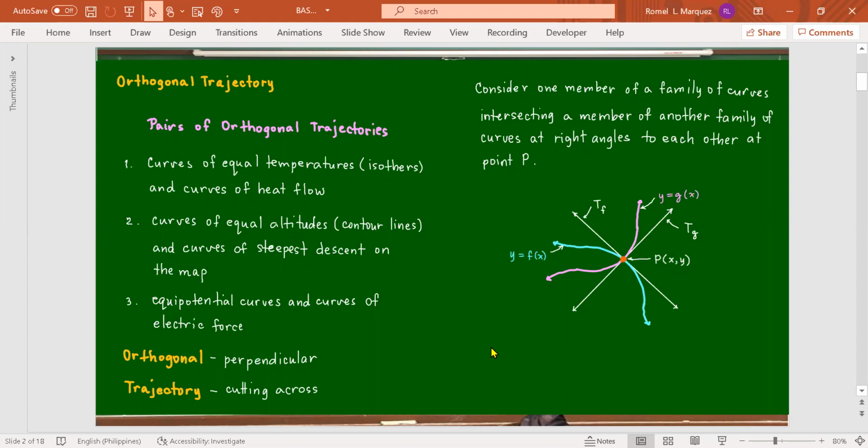Since line T_f is perpendicular to line T_g, their slopes are negative reciprocals of each other.